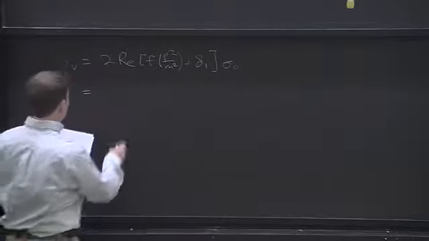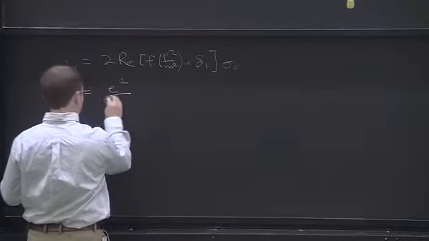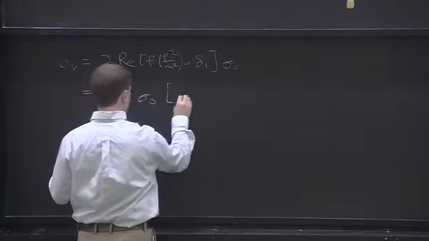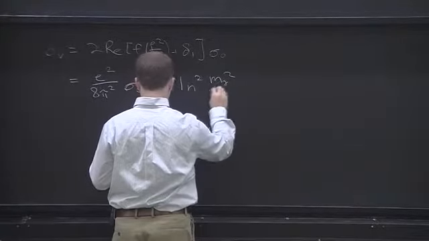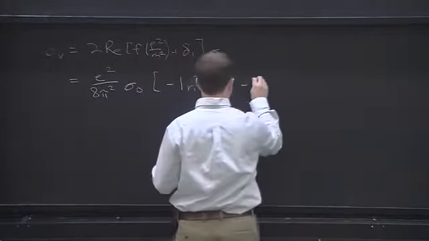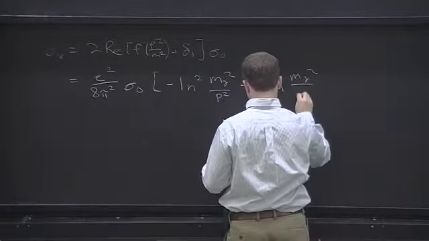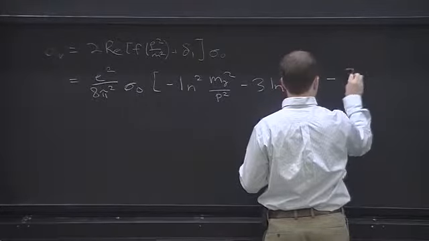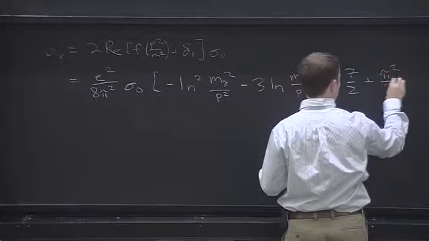We have that our result is e squared over 8 pi squared sigma naught times minus log squared m gamma squared over p squared minus 3 log m gamma squared over p squared minus 7 halves plus pi squared over 3.